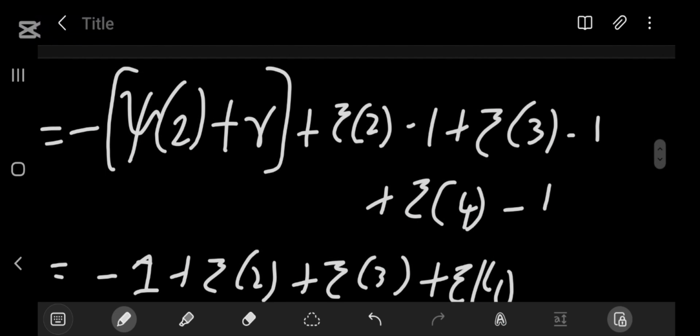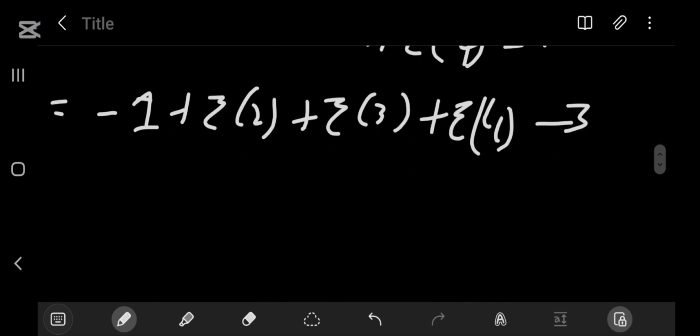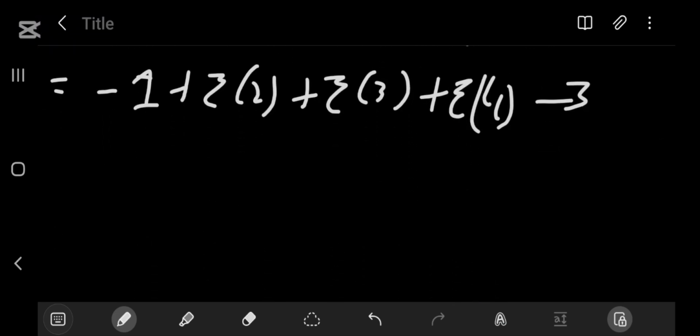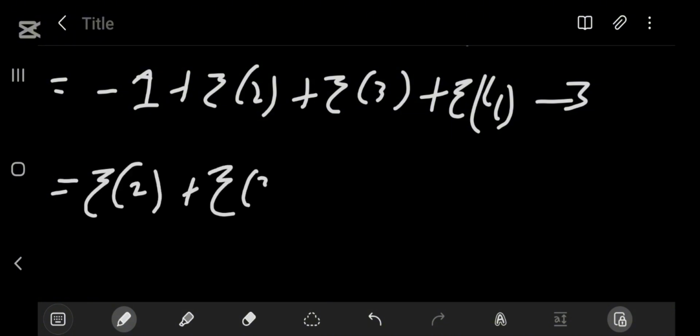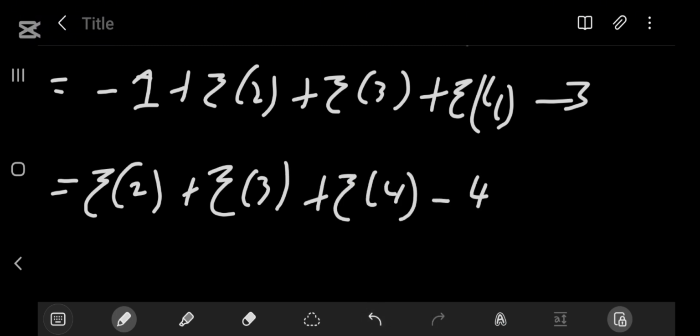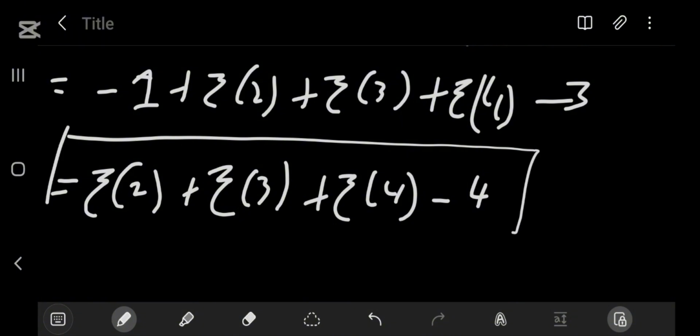When we add those minus terms out there, minus 3. So we have a final result: zeta of 2 plus zeta of 3 plus zeta of 4 minus 4, which is a gorgeous looking result we have here.